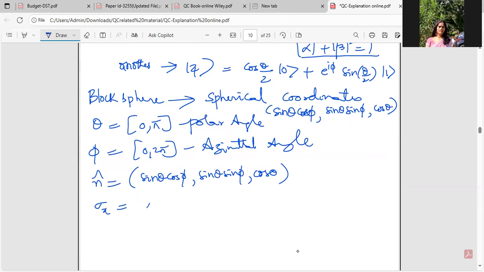Now there is one vectorial representation. Sigma n is equal to sigma bar dot n cap. Of course, if you ask me what is x cap, I am considering the position vector again. It's nothing but xi cap, yj cap, zk cap. These x, y, z are now in spherical polar.